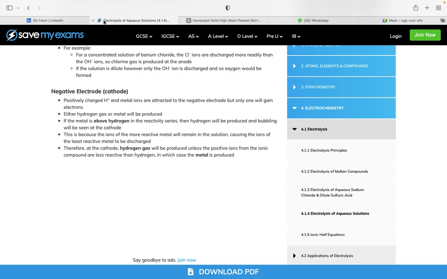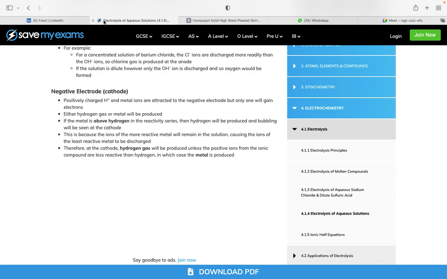If you look at the reactivity series, like I said, copper is below hydrogen. And silver, copper and silver are below hydrogen. So whenever it is silver chloride or silver bromide, it is silver that will migrate, not hydrogen, because silver is below hydrogen in the reactivity series.